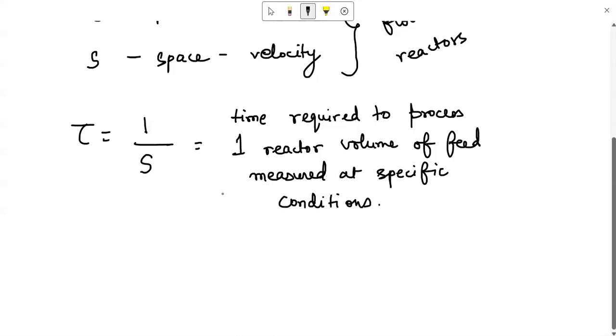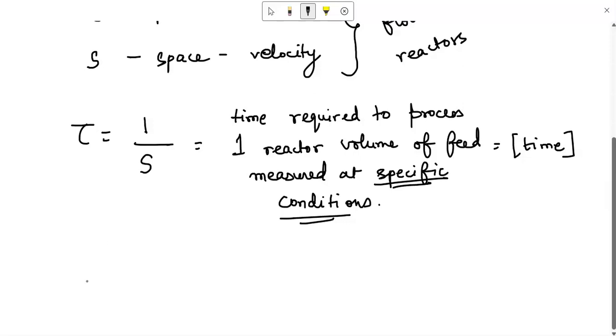Okay, so the time required to process 1 V or reactor volume of feed measured at specific conditions. Remember, this is very important, specific conditions. If the conditions are different, then the measure of tau also becomes different. Okay, and the unit for this quantity is time. So it can be seconds, minutes, hours, whatever is the requirement of the process.